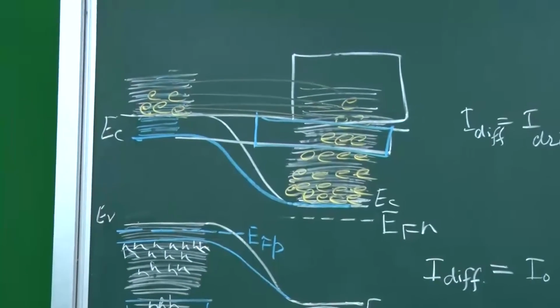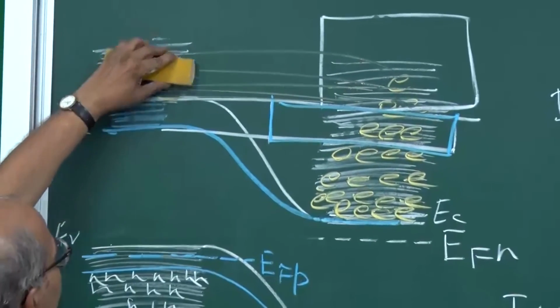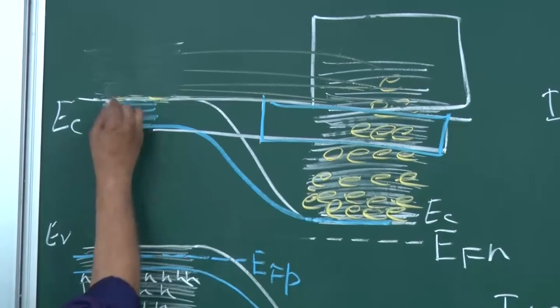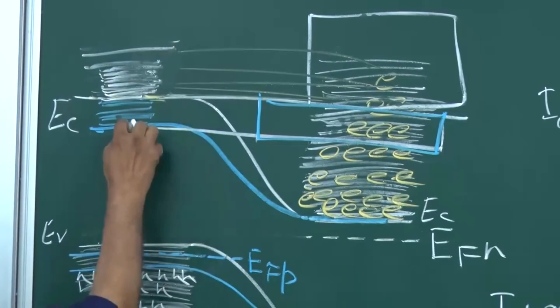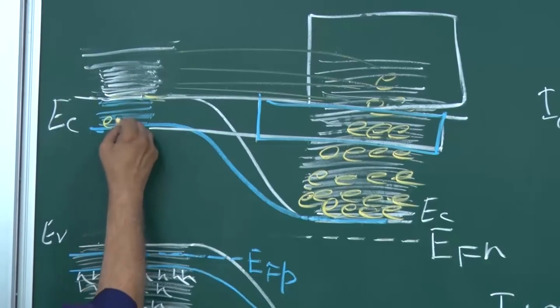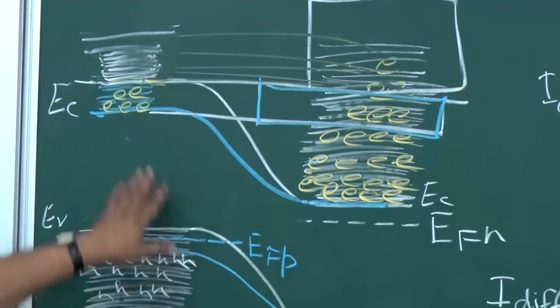Now because of the shifting down, what will happen? These electrons are now not here; the quantum states are very much there, but the electrons start at the bottom of the conduction band, and that is here. So now those electrons are here. But it doesn't matter.